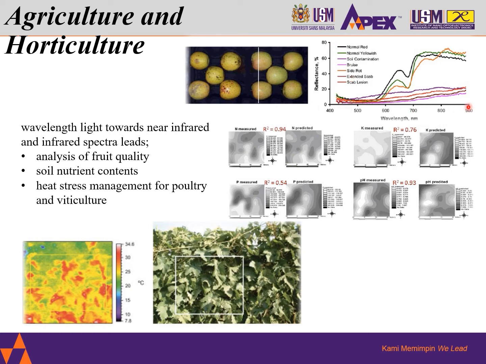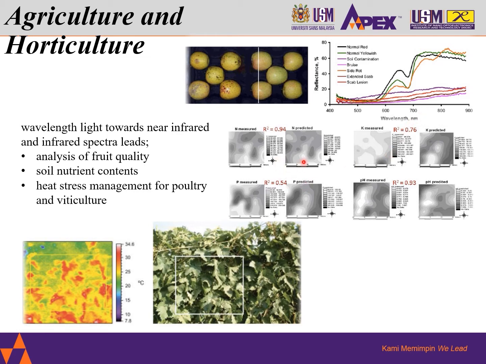And this is the graph indicating the characterizations based on the reflectance percentage with different wavelengths, with a normal red and normal yellowish, so with soil contamination, which can identify also the bruises that existed for the fruits, and side rots, extended scab, and also scab lesion. This can be clearly seen here.